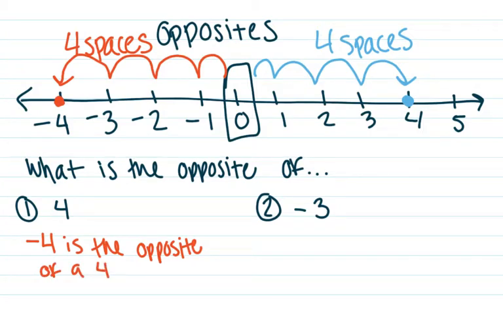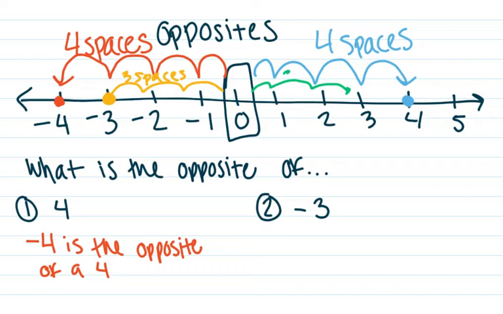Let's check out number 2. On number 2, we are talking about -3. So -3 is right here. I'm going to use yellow for this one. -3 lives 1, 2, 3 spaces from 0. And so now I am going to try to figure out what number on the other side of 0 lives also 3 spaces. 1, 2, 3.